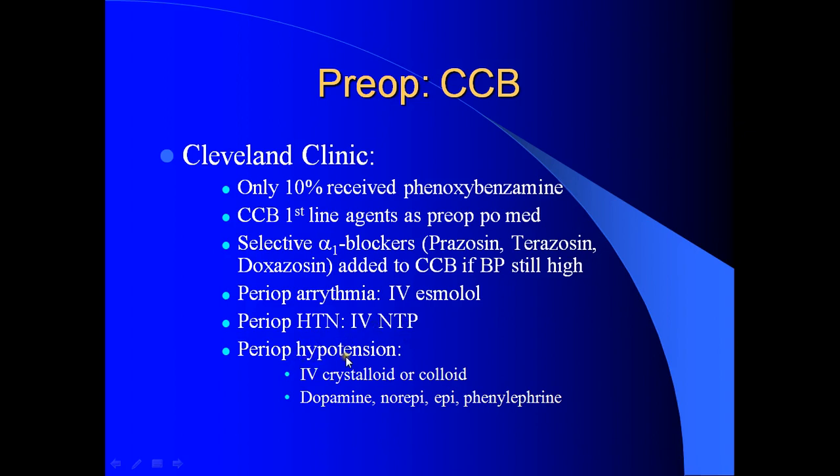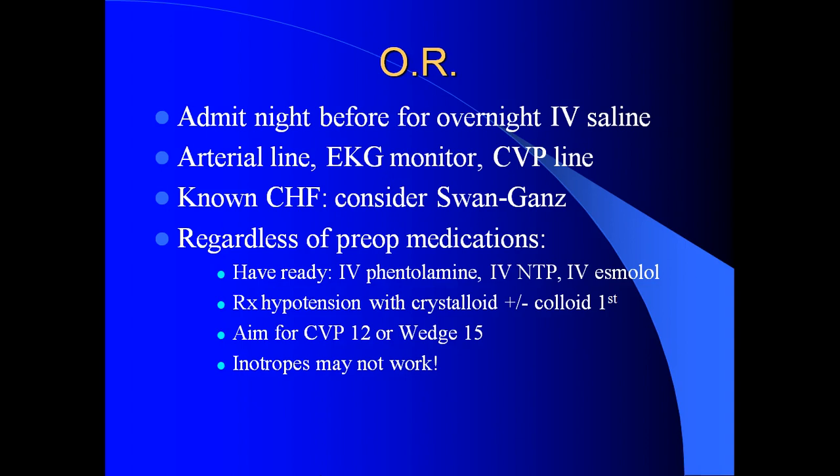Peri-op hypotension was treated with IV crystalloids or colloids, and as the calcium channel blockers were given first line in these patients, dopamine, norepinephrine, epinephrine, and phenylephrine helped these patients when they had peri-op hypotension.